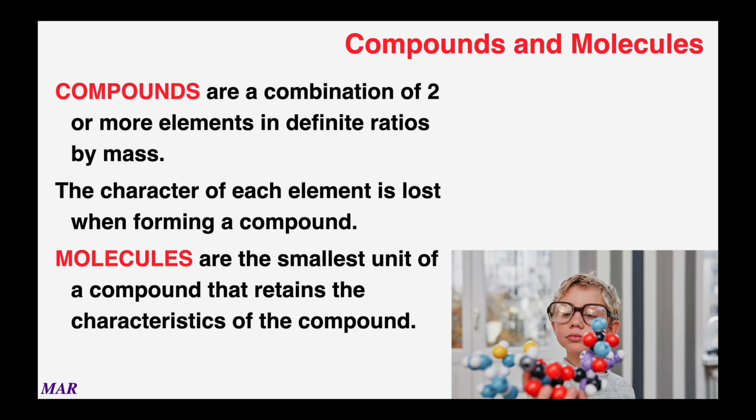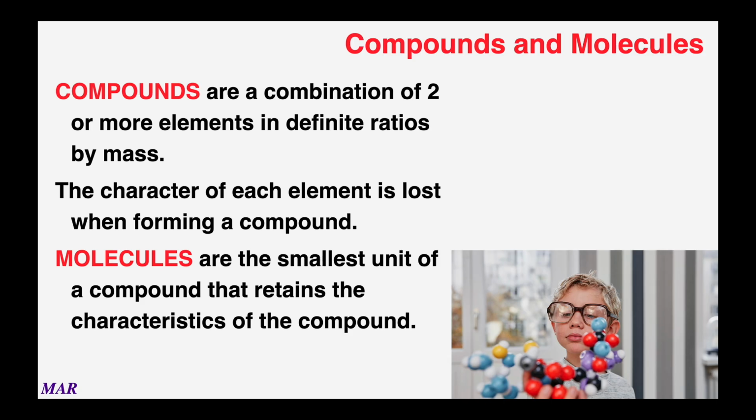When you make a compound, the character of the elements that they came from becomes quite different. As an example, water is made from hydrogen and oxygen. Hydrogen is a flammable gas. Oxygen is flammable too, and does some different things. But water is a liquid, and water is good for you, and you need so much every day.